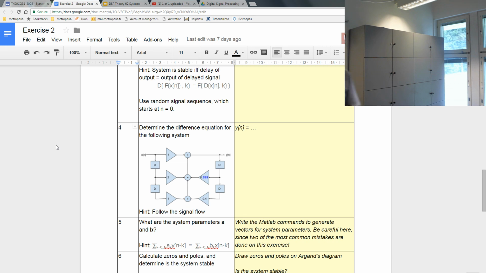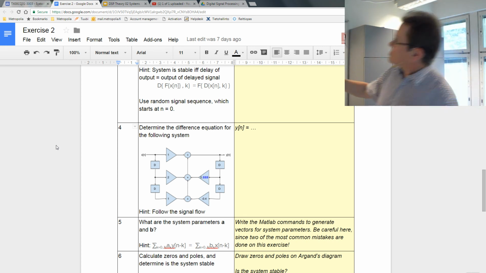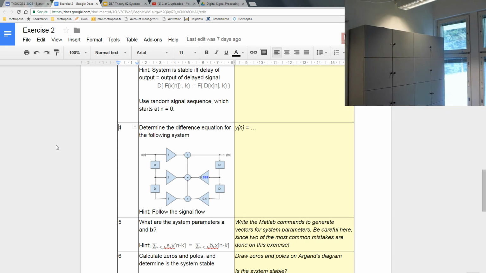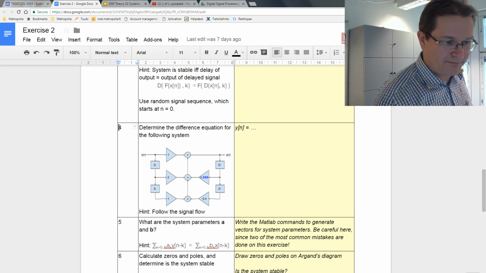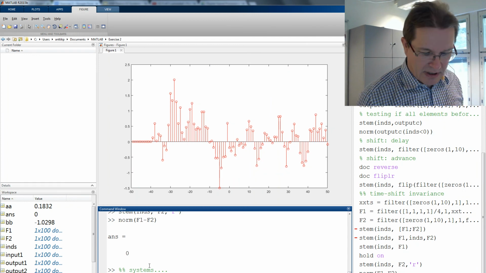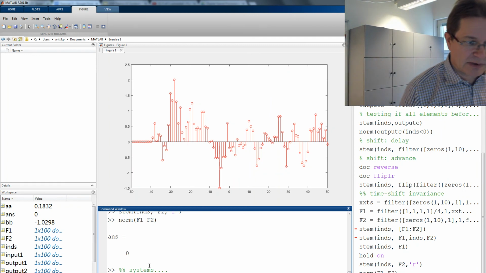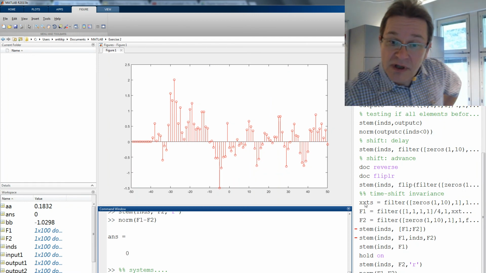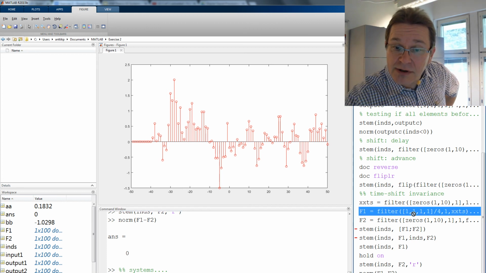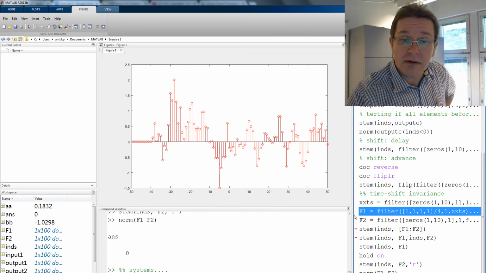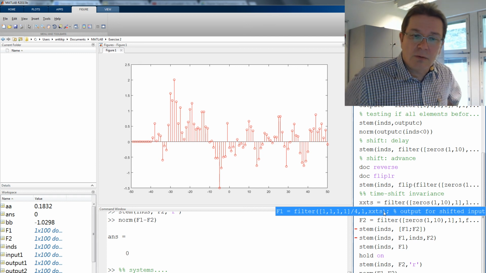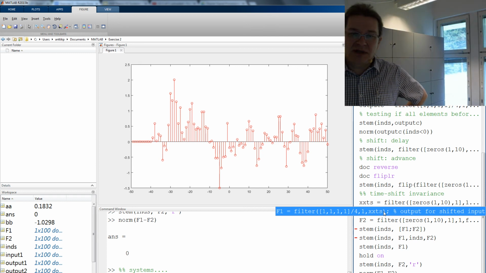All right. So, anyways, 4-point running average. That's how I got it on Matlab. On Matlab, I have this filter. Let's see, where do I have the filter command? For example, here F1 is filter 111 divided by 4.